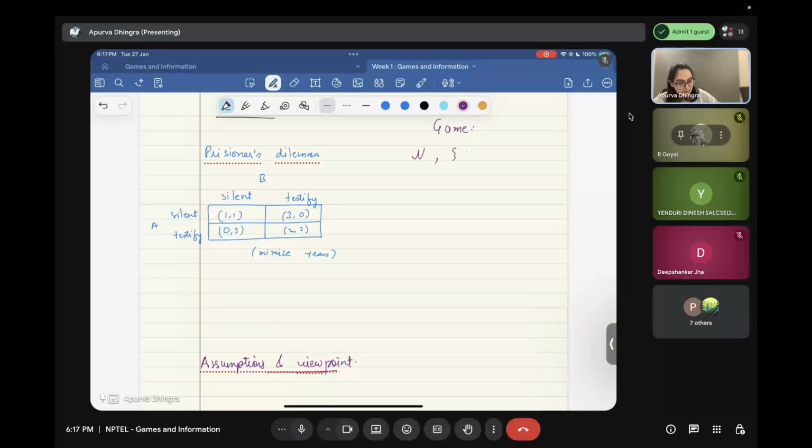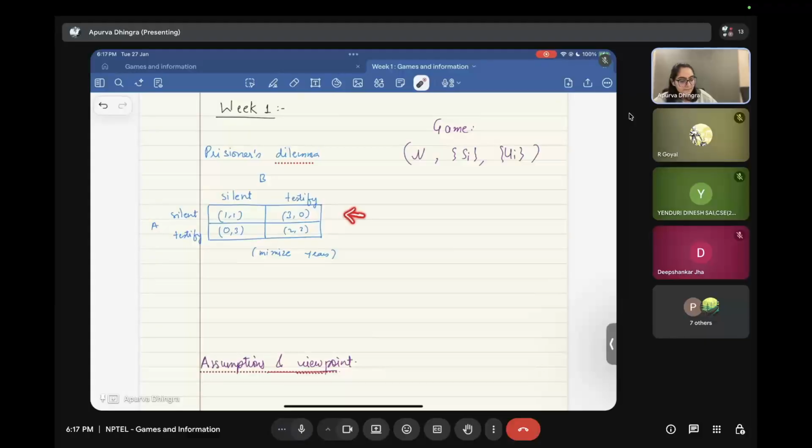Then it's the set of strategies and the utilities. All of these three things together form what is called a game. So we can take this as an example and write down all of these things to be sure that we actually understand this, and then go through the whole thing carefully. This is fairly easy.